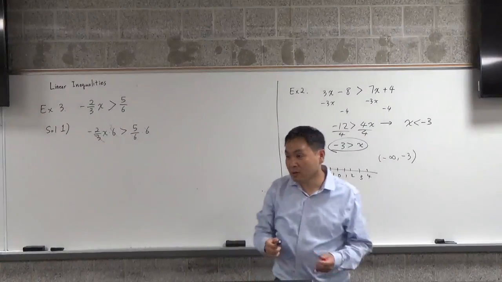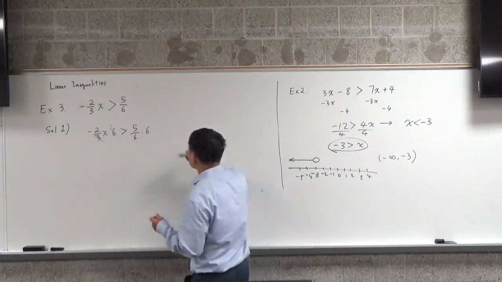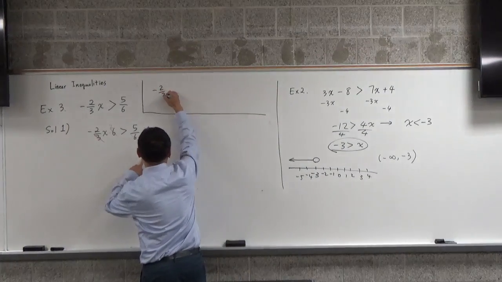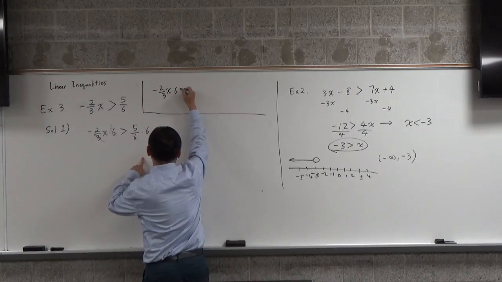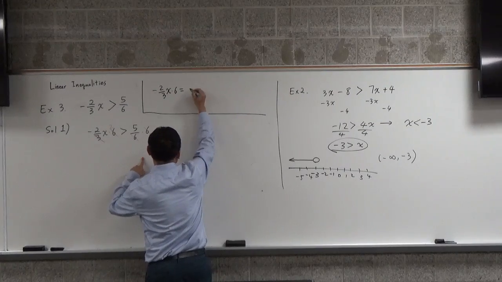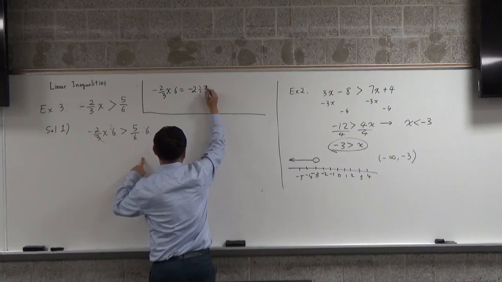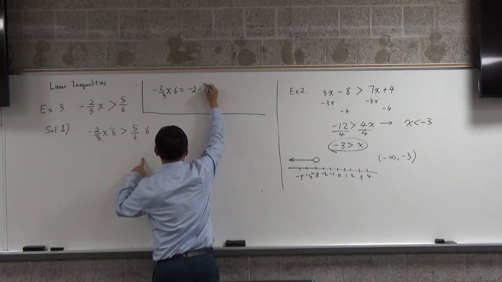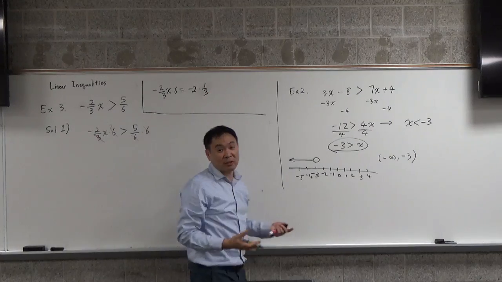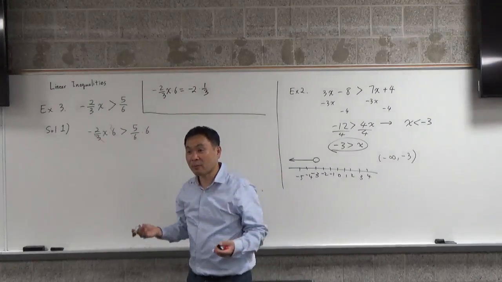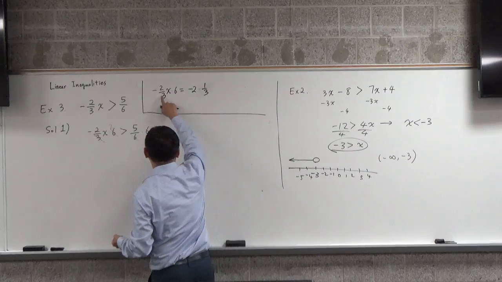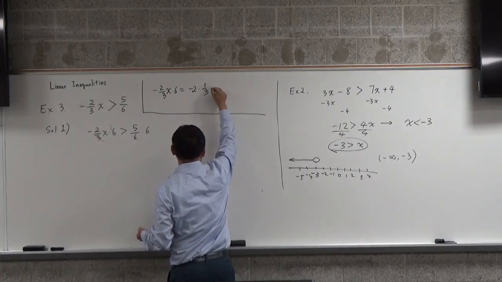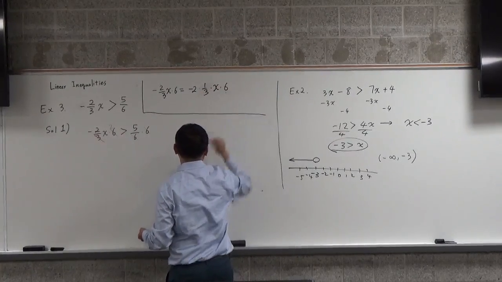Now let me take a brief moment to explain this further. If you have negative 2/3 x times 6, this is really like negative 2 divided by 3, but division by 3 is the same as multiplication by its reciprocal. Division is the same as multiplication by the reciprocal. So think of negative 2 divided by 3 as negative 2 times 1/3 times x times 6.